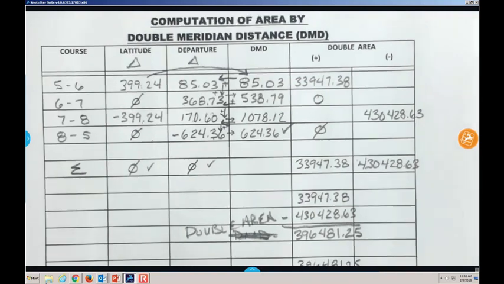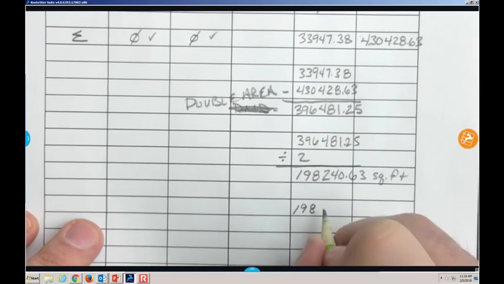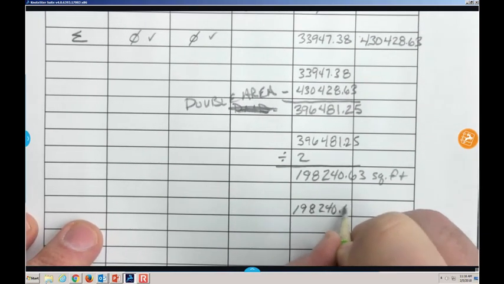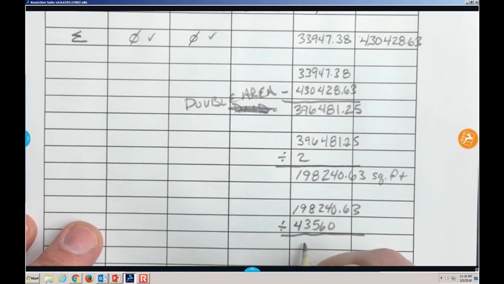All right, how many acres is that? How do I know that? 43,560. 198,240.63 divided by 43,560. 4.55 acres.